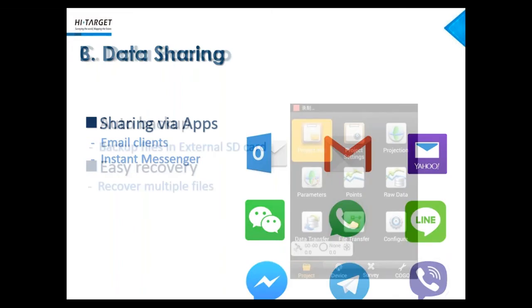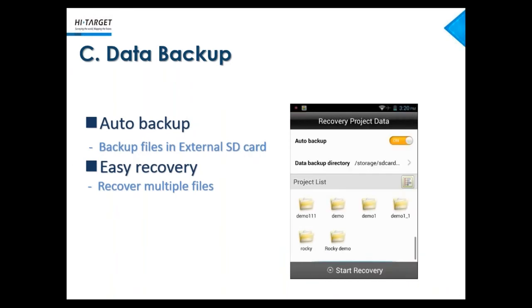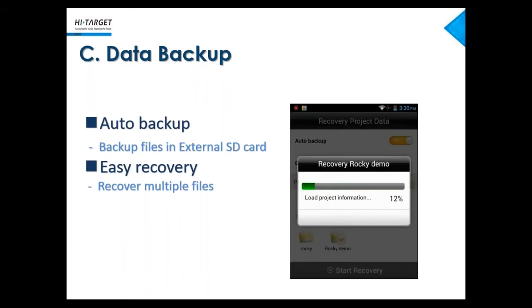And C is the data backup. For every project, when you create it, it will be automatically backed up in the external SD card. And you can easily recover multiple files, just like what the video is showing you. You click to recover the Rocky demo, then this one has been recovered.